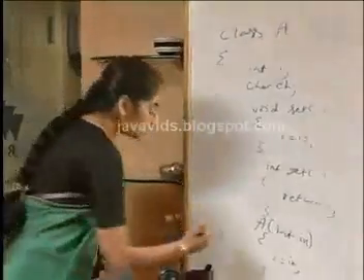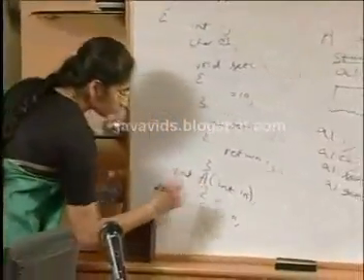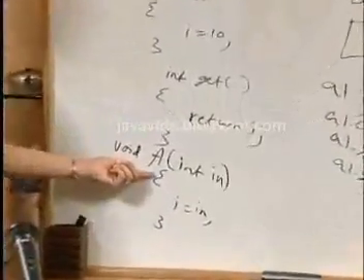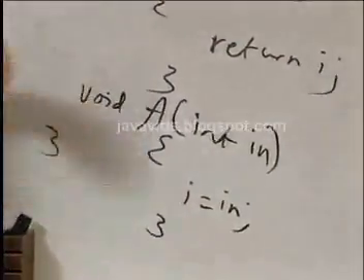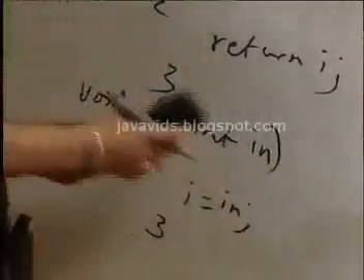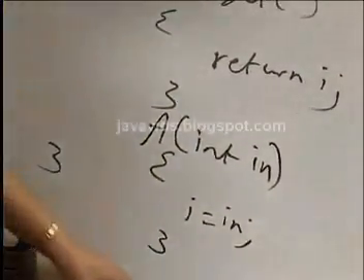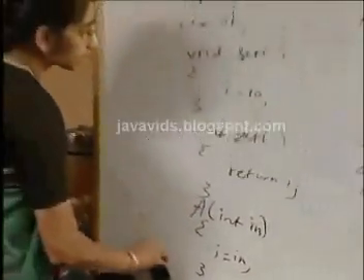If suppose you were to put some return type here, this is no longer a constructor, it's like any other method. Okay? You can have any number of constructors in a class.